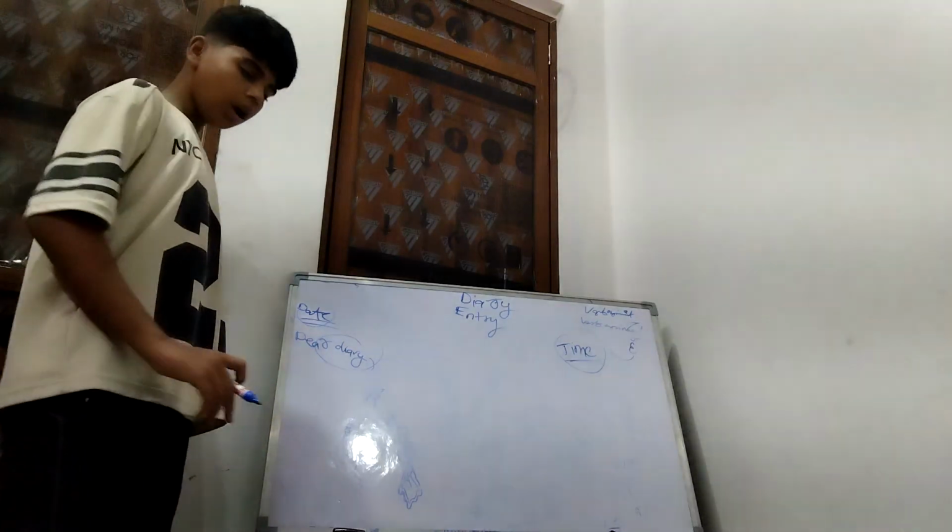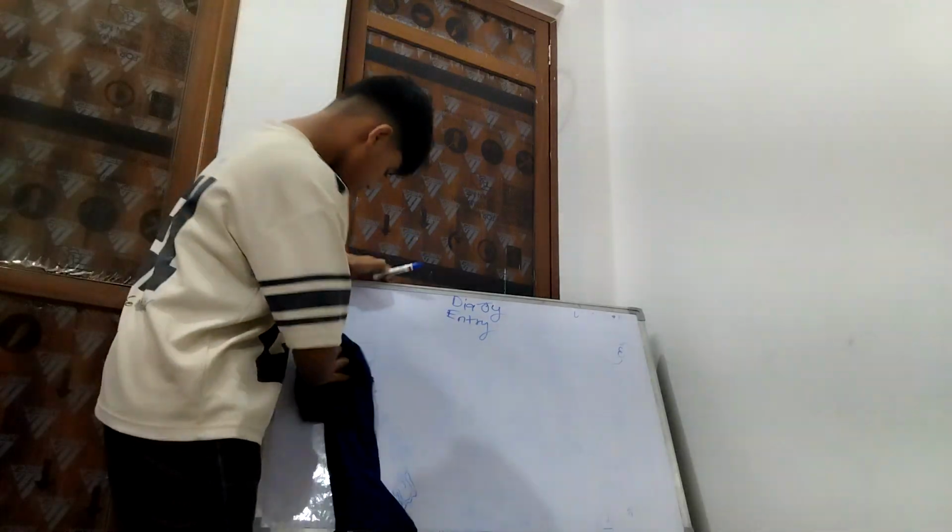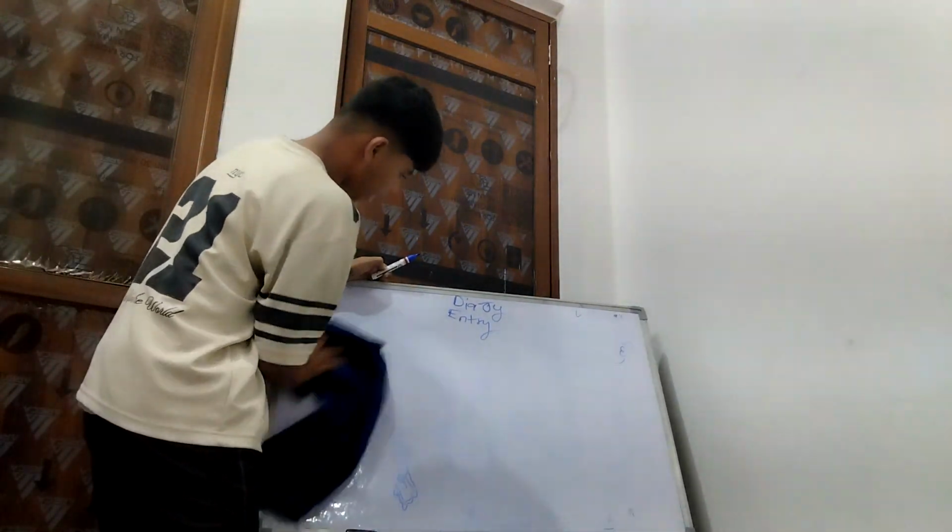Many people do it wrong: they don't write the time, nor the date, and they just start writing from here. This will deduct marks from your paper, and many teachers hate this and will not give you any marks for it. So please avoid this mistake in the diary entry.